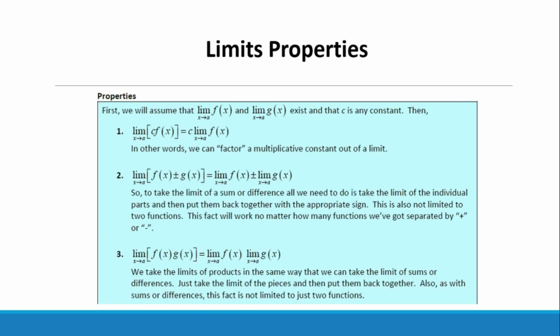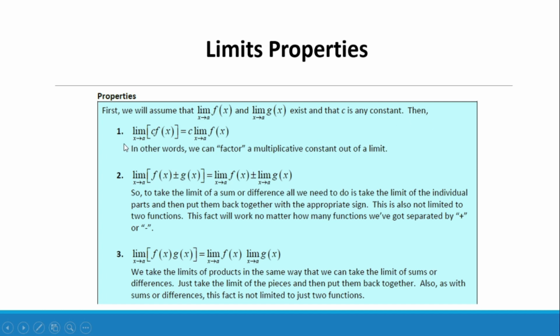Limit properties. First, we assume that the limit as x approaches a of f(x) and the limit as x approaches a of g(x) exist and that c is any constant.